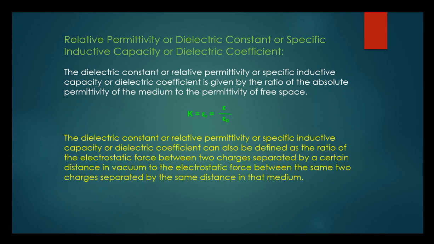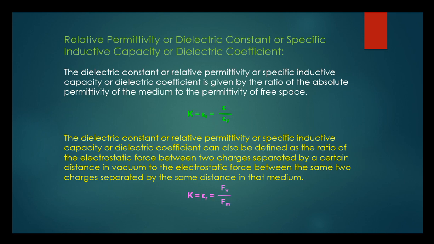But here we want to extend the definition in terms of force. The dielectric constant or relative permittivity can also be defined as the ratio of the electrostatic force between two charges separated by a certain distance in vacuum to the electrostatic force between the same two charges separated by the same distance in that medium.